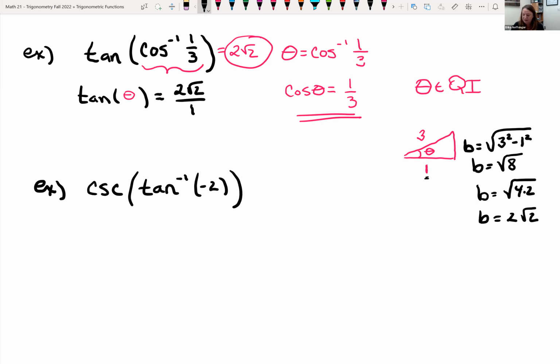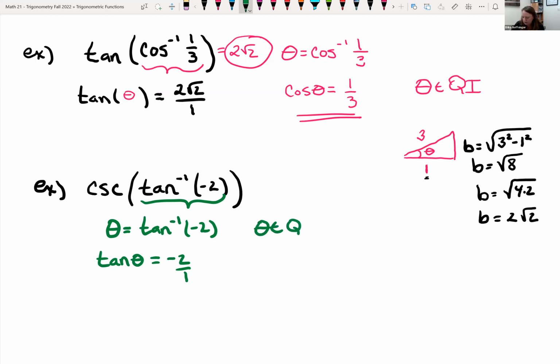So do the exact same thing that we had done above. You're going to choose theta to equal this inverse function, tangent inverse of -2. Take the tangent of both sides, we get tangent theta is equal to -2, or -2 over 1. We can write it as a rational number. Again, theta is in quadrant 4.